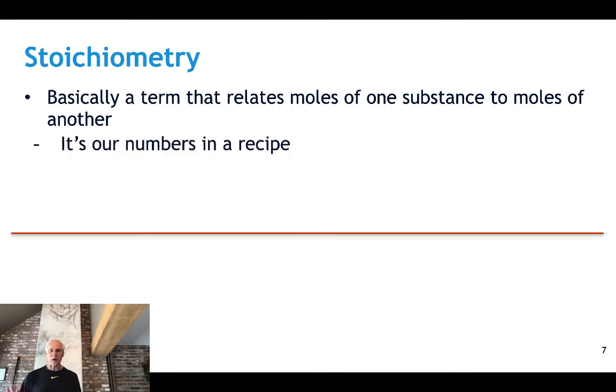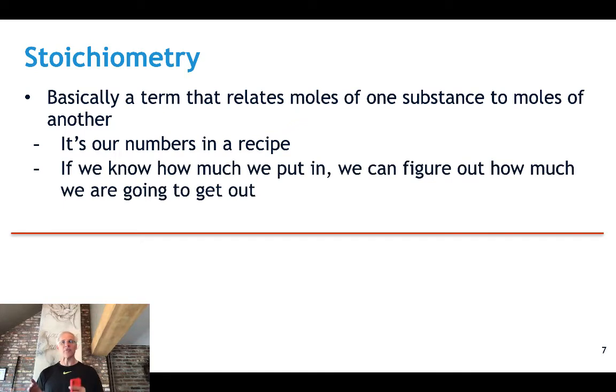A completely non-chemical way of looking at stoichiometry is to look at the numbers involved in a recipe, where you have grams or kilograms or liters and milliliters. By knowing how many ingredients we put into a recipe, we can figure out how much we are going to get out.